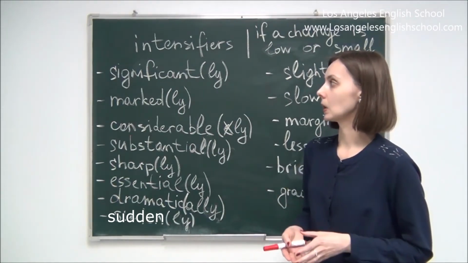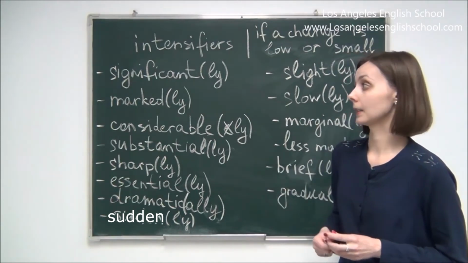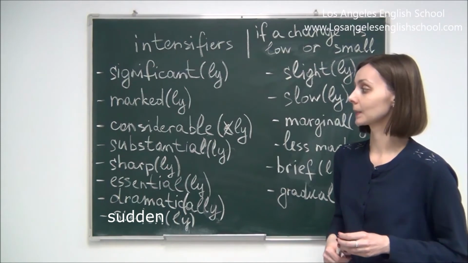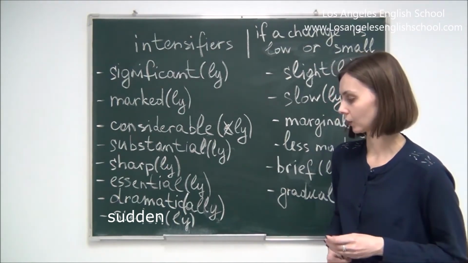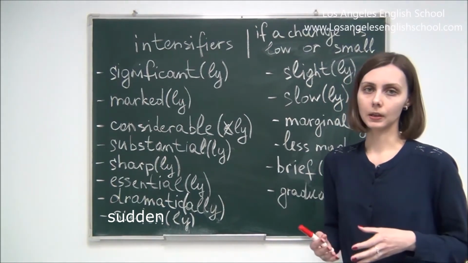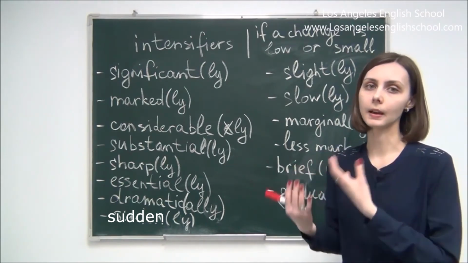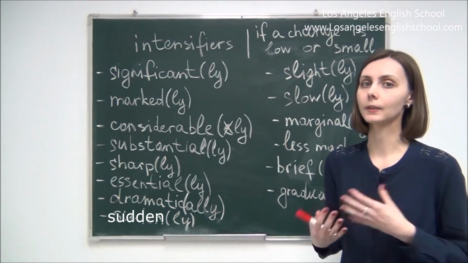You may also use adverbs such as significantly, markedly, considerably, substantially, sharply, essentially, dramatically, and suddenly. So you can use a noun phrase with the adjective, and you can use verbs with adverbs.